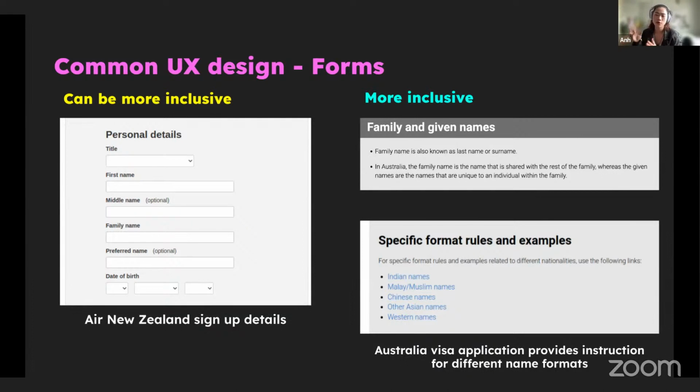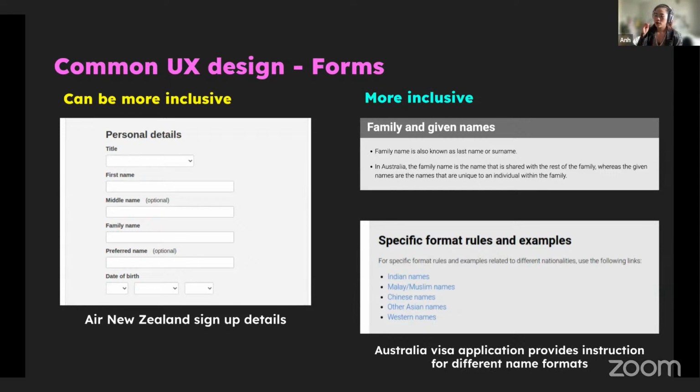And I know there will be arguments about users not reading instructions, but you should still provide instructions for your users. Here on an Australian visa application, it provides instructions for different name formats. For example, how do you fill in an Indian name, Malay or Muslim name, Chinese name, Western name, other Asian names. So they make sure that you fill in the form correctly and accurately.